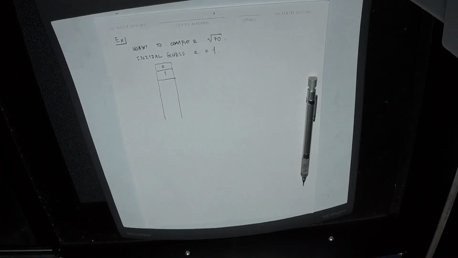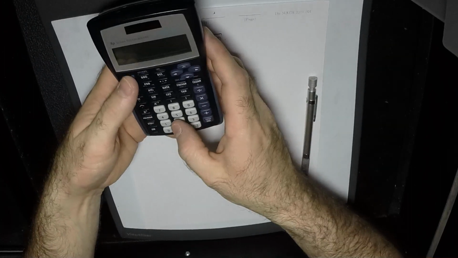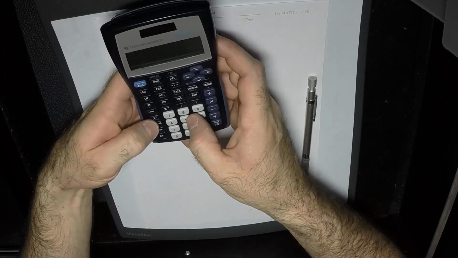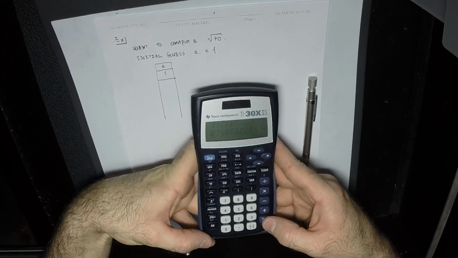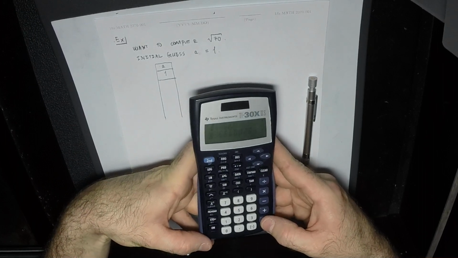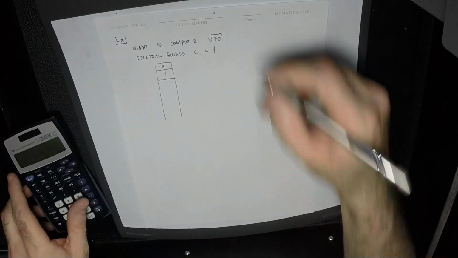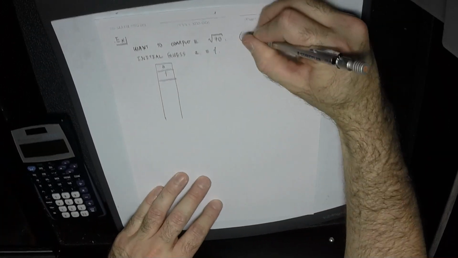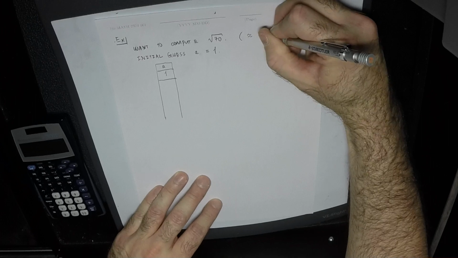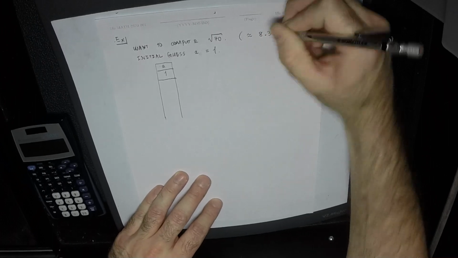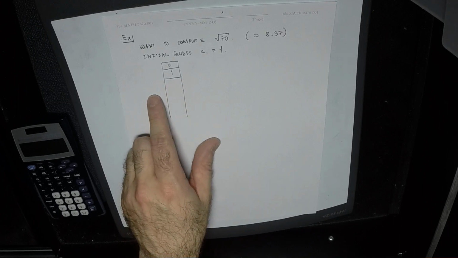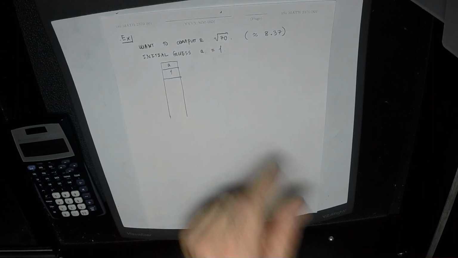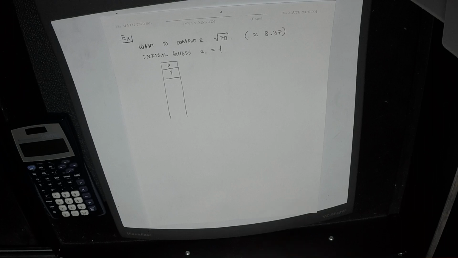Now, in actual fact, we can use the calculator and say, well, we know that the square root of 70 is in fact, to several decimal places, about 8.37. Okay, so now, what will be the new value of A after we use that formula on the previous page?